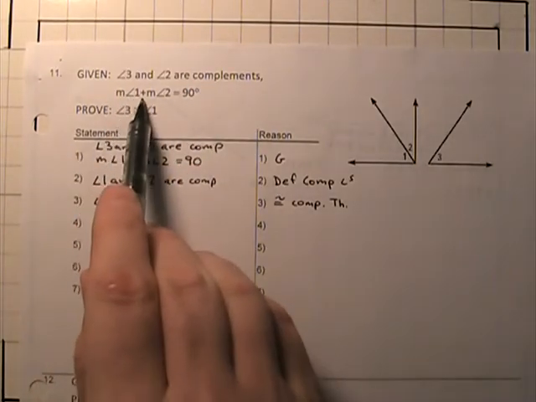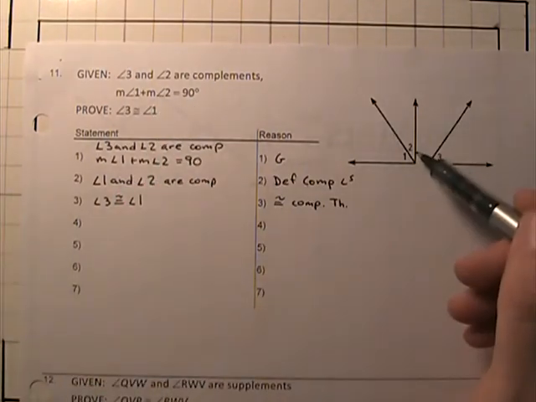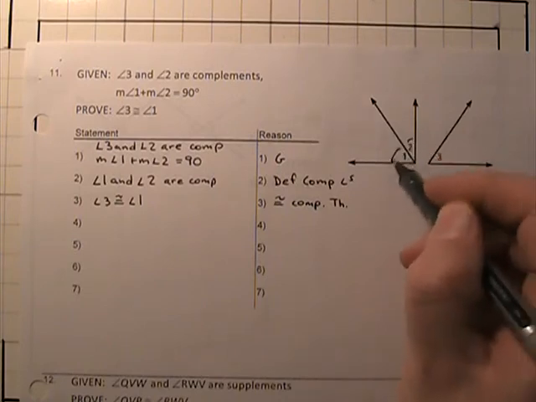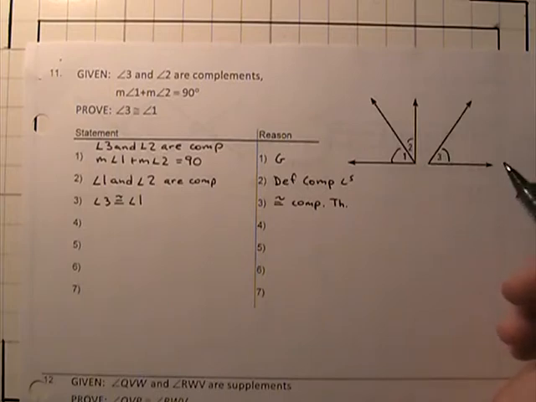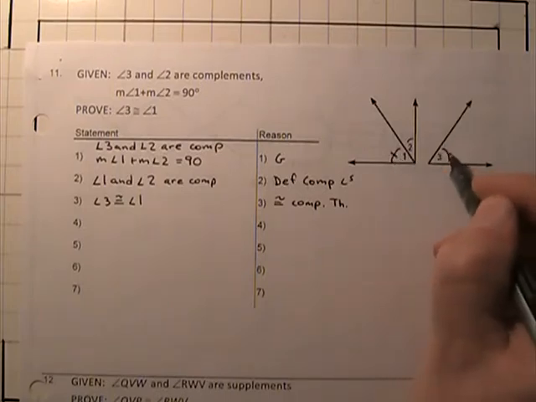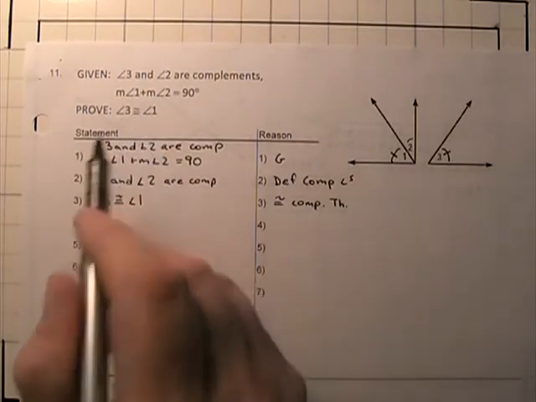The measure of angle 1 plus the measure of angle 2 equals 90 degrees. I've got a diagram over here. It shows that this angle plus this angle is 90, and it shows that angle 3 and angle 2 are complements. Okay, and what they want us to prove is that angle 1 and angle 3 are congruent. Okay, right here's the proof, angle 3 and angle 1 are congruent.